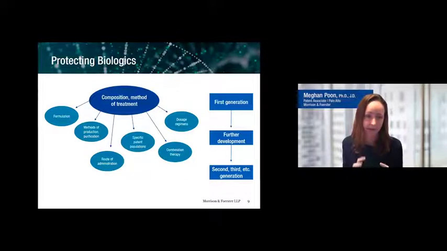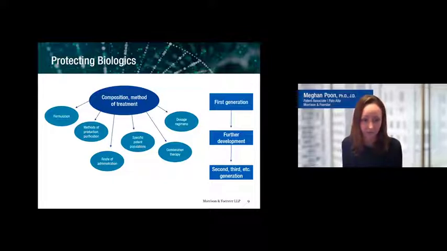Those types of claims are composition claims and method of treatment claims based most likely upon the first approved indication. But what tends to happen over time with development of biologics is that additional aspects of the technology are identified that turn out to be important, both in terms of therapeutic efficacy and delivery, but also present new opportunities to develop IP. And these are the additional generations.